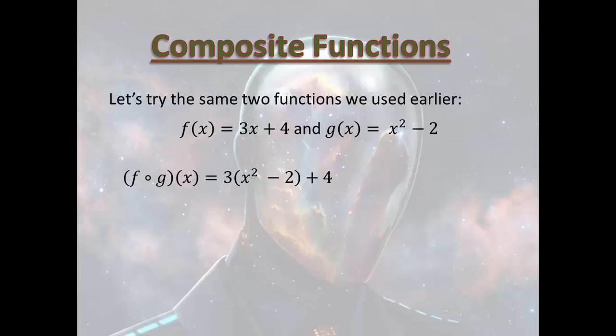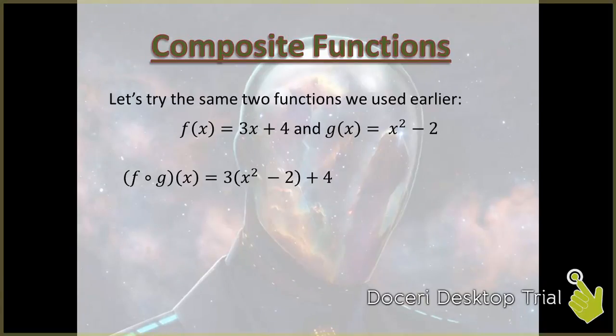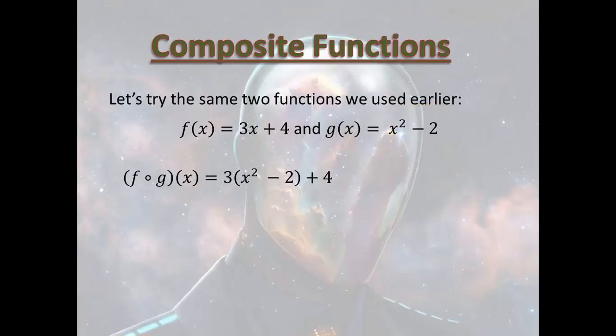If I'm interested in finding f of g of x, I take g of x and I plug it in for every x in f. And then I just use algebra to simplify it as best I can. So when I do that, 3 times x squared is 3x squared minus 6 plus 4, and finally my answer is 3x squared minus 2.